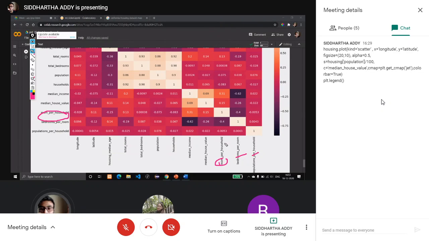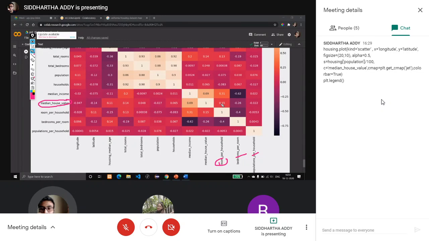We are concerned about median house value, right? This row. So let's see what happens. Rooms per household has 0.5, bedrooms per room has -2.6.